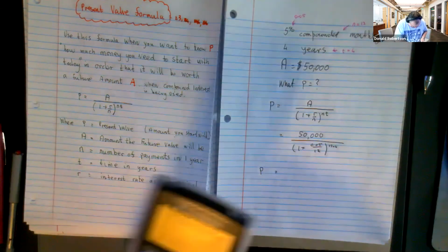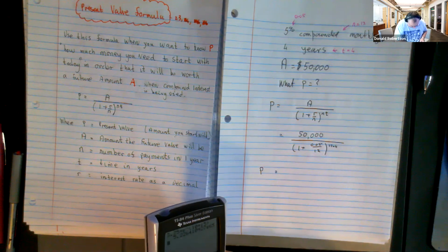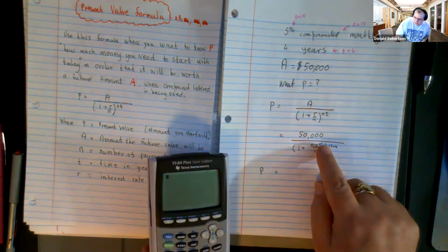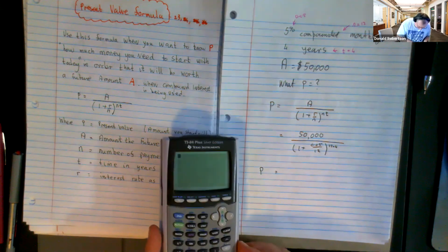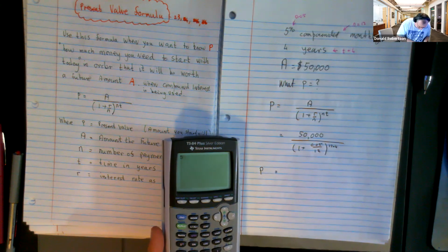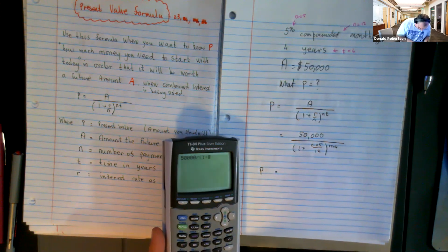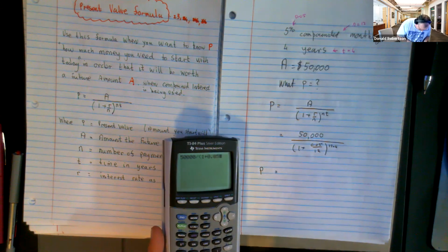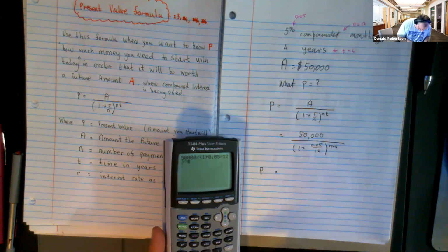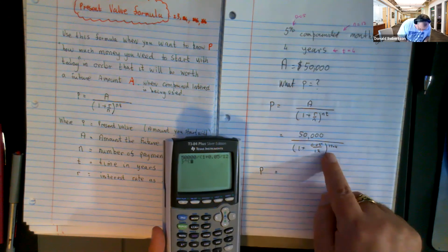So it's kind of going to be how to make the calculator work for us. And so here goes. I've got 50,000 and I'm going to divide. I'll do a bracket, 1 plus 0.05 divided by 12, close the brackets, raise it to the power, and then put the little brackets, 12 times 4.